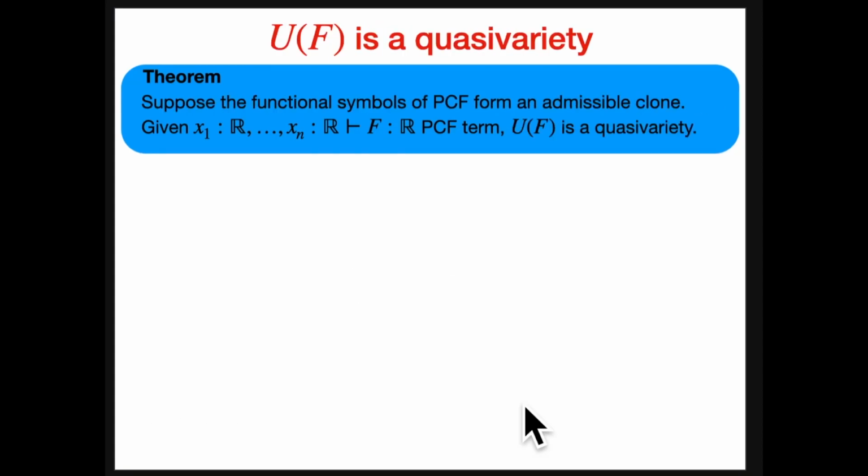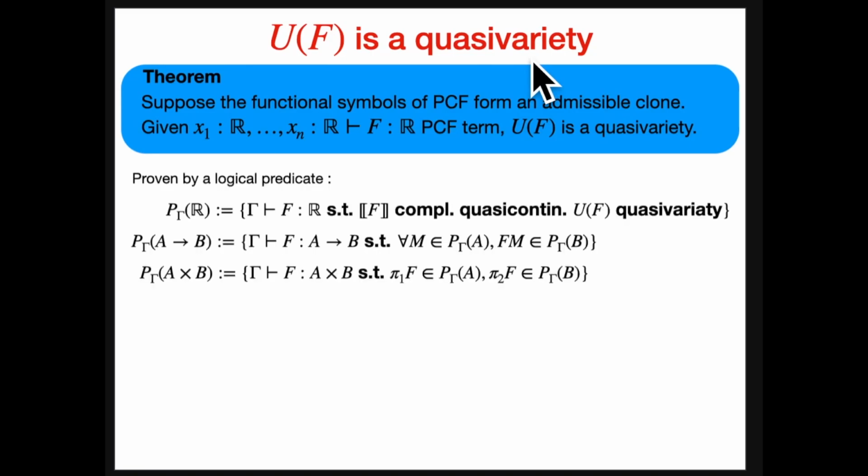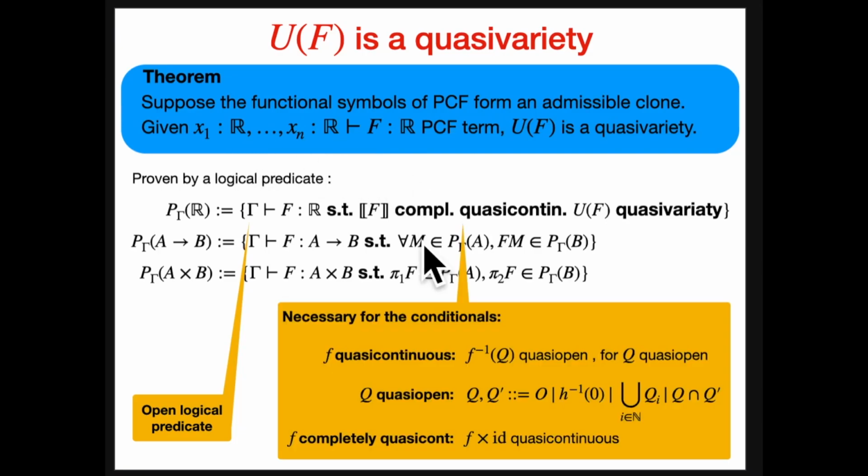The second part of the reasoning is to prove that this set of unstable points is a quasi-variety, and this is achieved by a logical predicate, which also is not completely standard. In fact, it deals with open terms because we have to suppose 3 variables of ground types, and also because it needs a mathematical notion of complete quasi-continuity, which is necessary for dealing with conditionals.